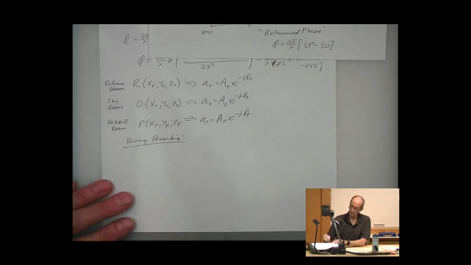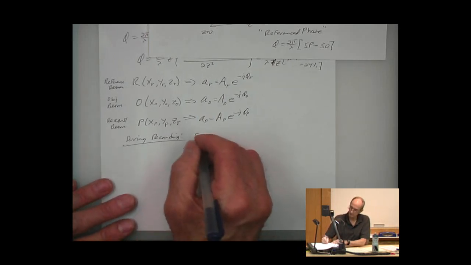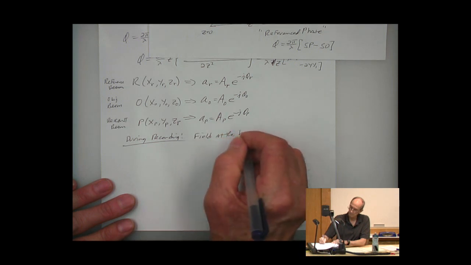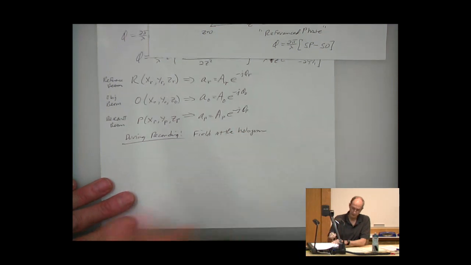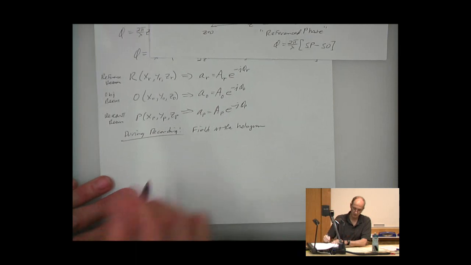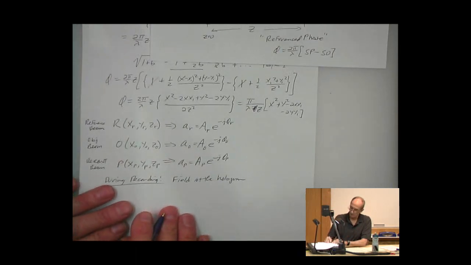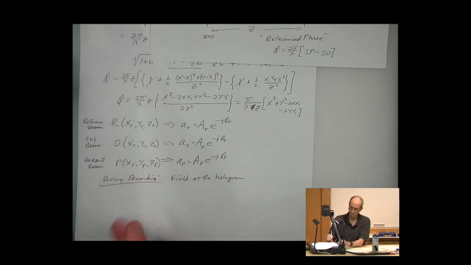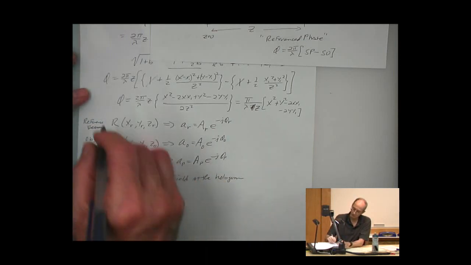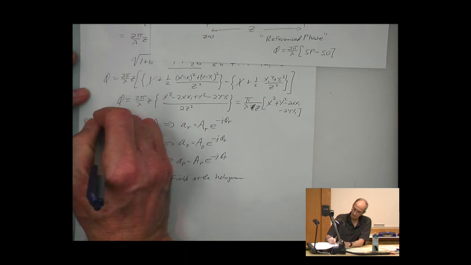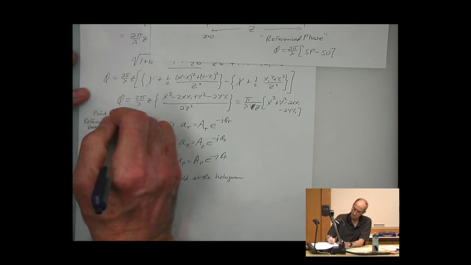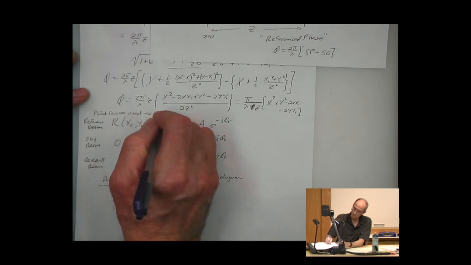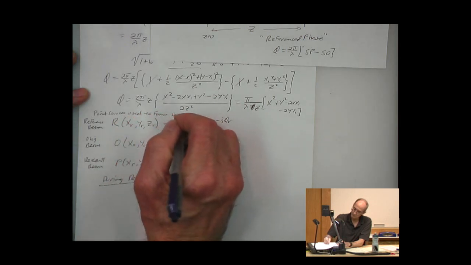And so during the recording, what's going on? The field at the hologram is going to be described by, if these are points, these are point sources, okay? So these are the point sources used to form the hologram.